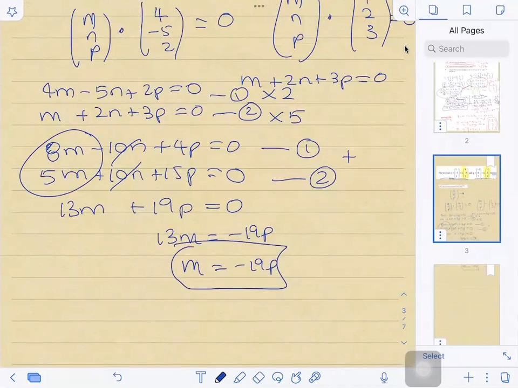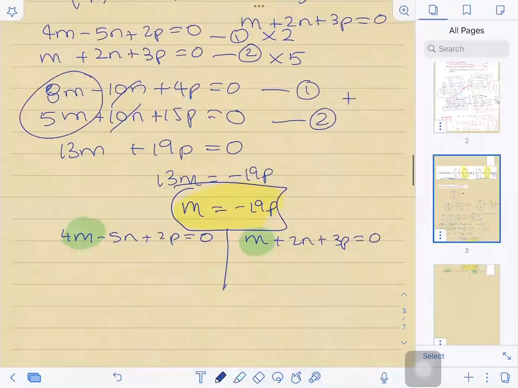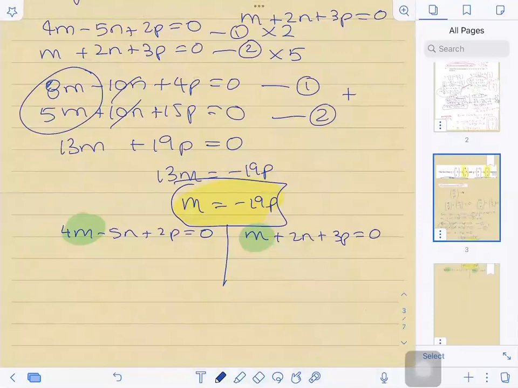Now what we're going to do is something a little bit tricky. We take this m equals minus 19p on 13 and put it into both of these equations. That forms two equations in two unknowns, n and p, so I can solve for n and p, and when I get n and p, I can find m.